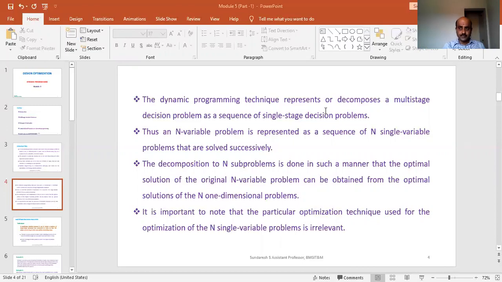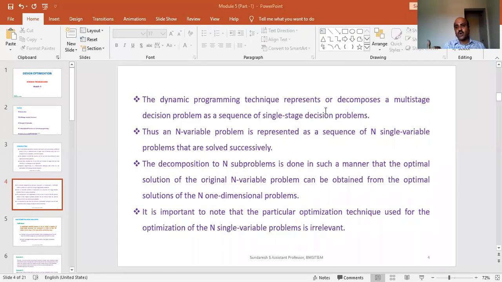So here, when we divide a multi-stage problem into single-stage decision problems, the decomposition into n subproblems is done in such a manner that the optimal solution for the original n variable problem can be obtained from the optimal solutions for the n one-dimensional problems.